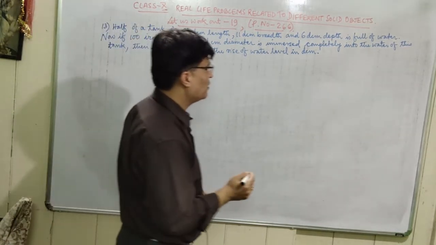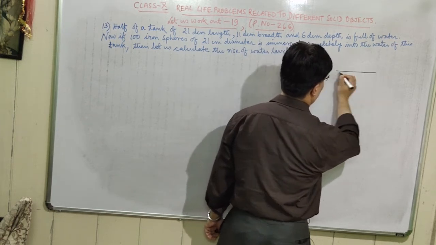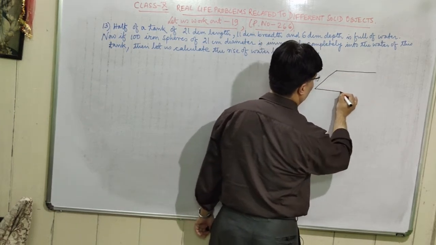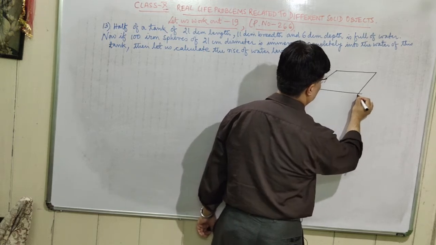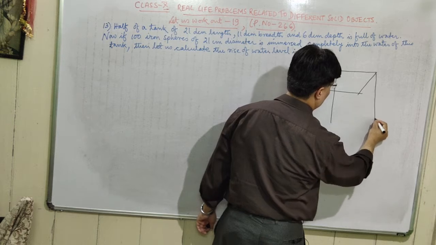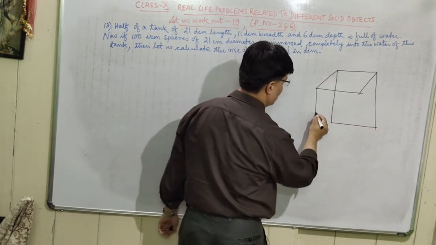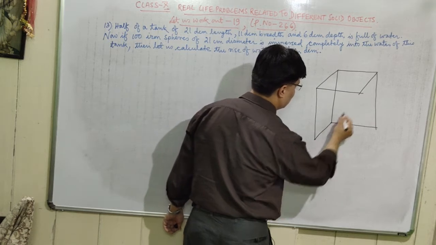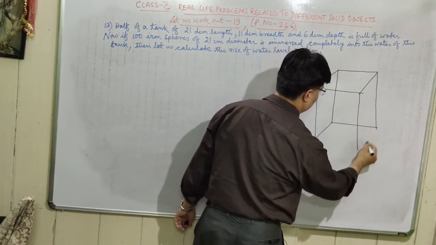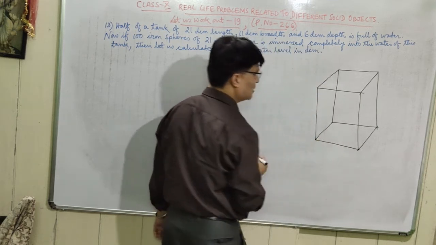So let us draw the figure now. So this is a tank, rectangular parallelepiped tank, right? It is of shape rectangular parallelepiped. Is that clear?